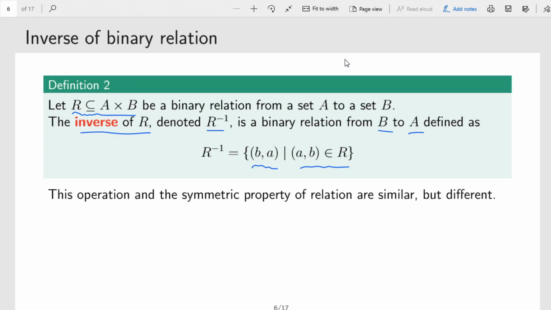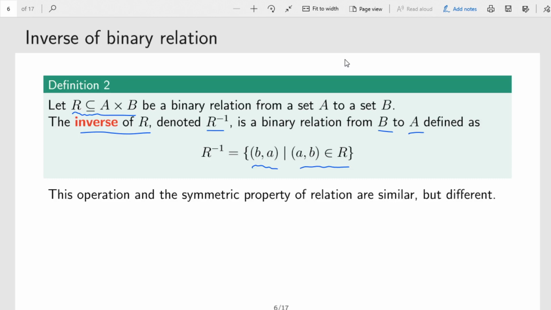If this holds for every pair, then the relation is symmetric. With respect to inverse, you don't test whether something holds, but rather you have a relation and you get another relation. In this case you have R, and you get another relation that you call the inverse of R. So it is different.